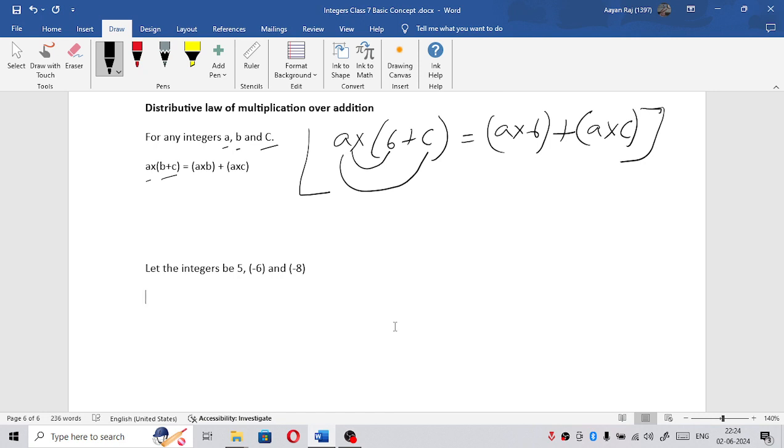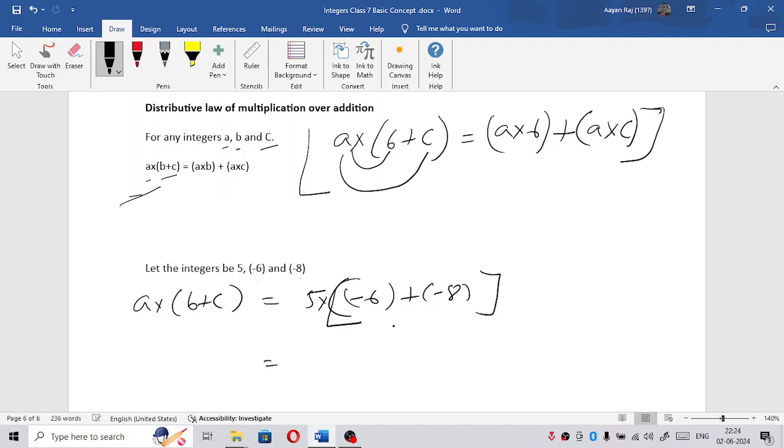Let's learn this principle with an example. Let's take three integers, that is 5, minus 6 and minus 8. First we'll see a into (b plus c). Let's solve this. Let's assume a is 5 and it is into (b plus c), so minus 6 plus minus 8.